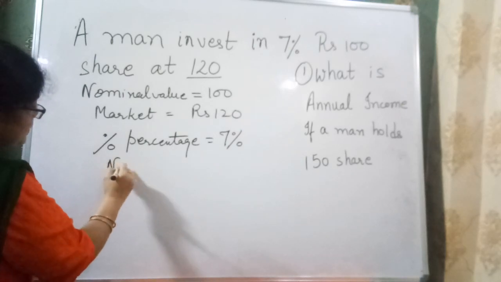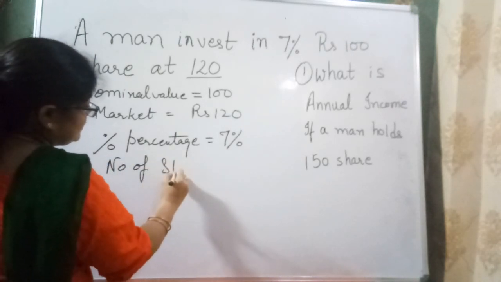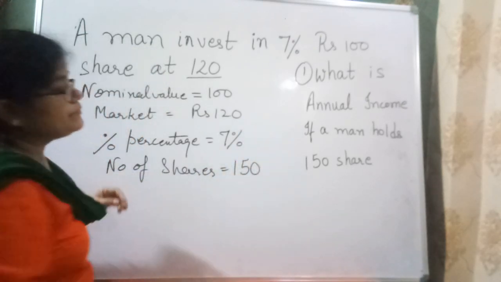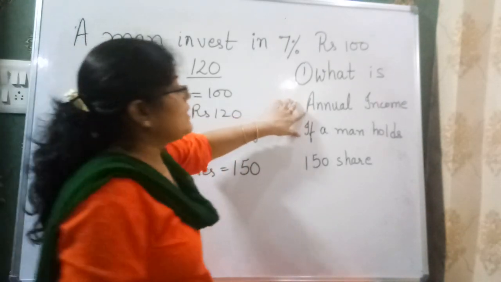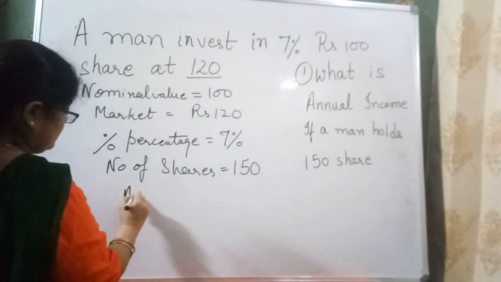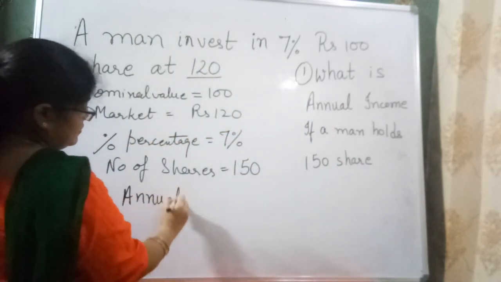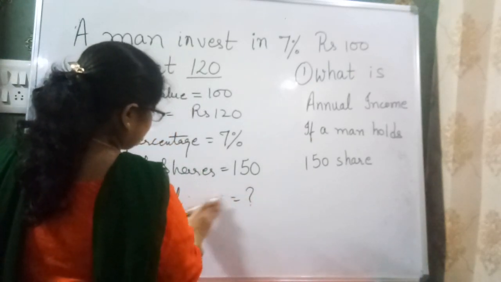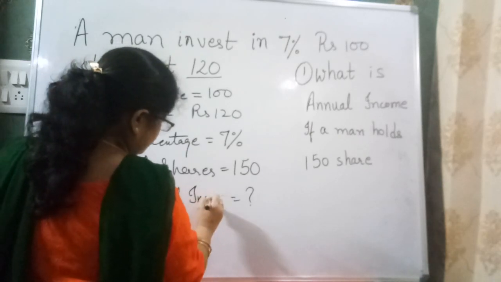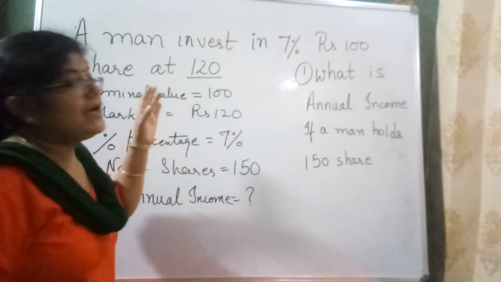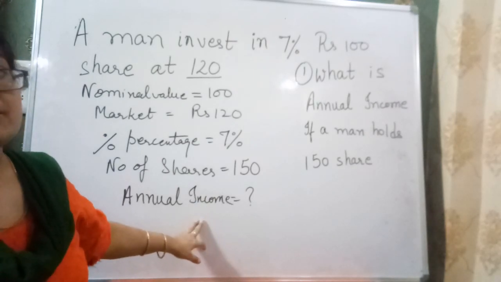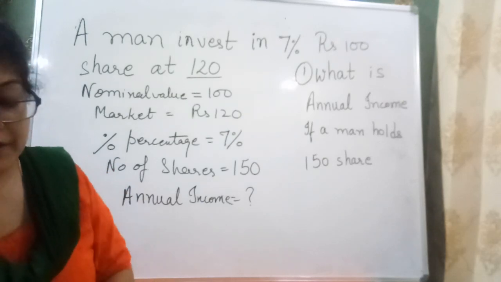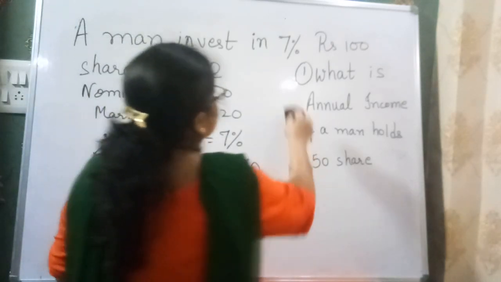That means the number of shares purchased by the shareholder is 150, and we have to find the annual income of the man. Please children, I just want to tell you to do the analysis of the question. Please. Then you will be able to solve the questions very easily. Now see how we do that.